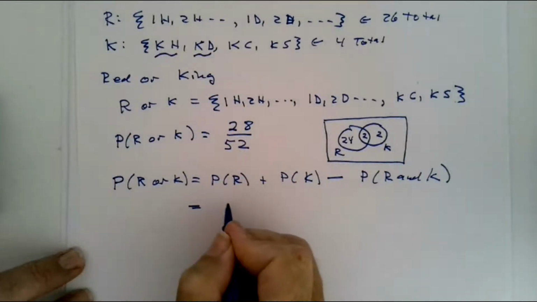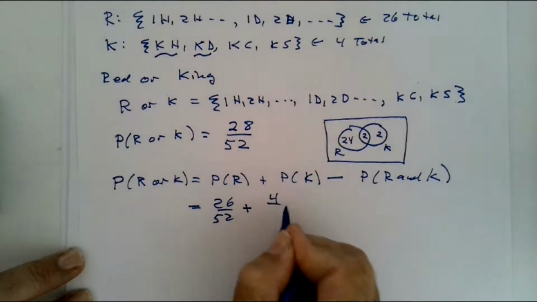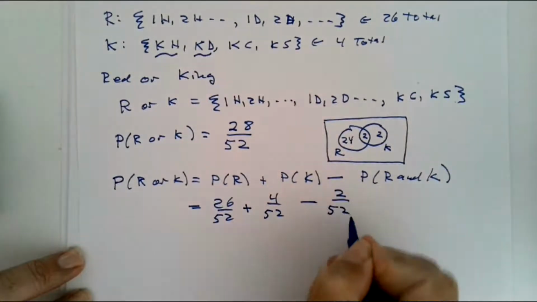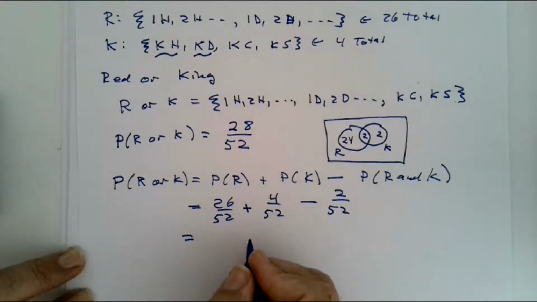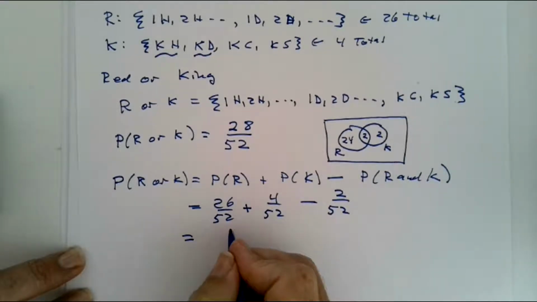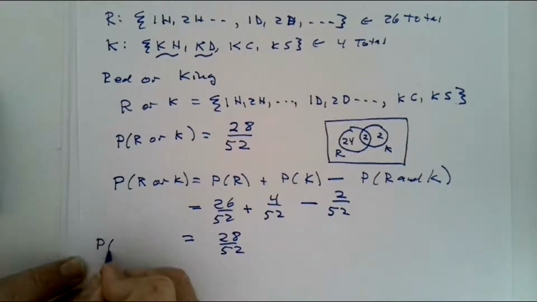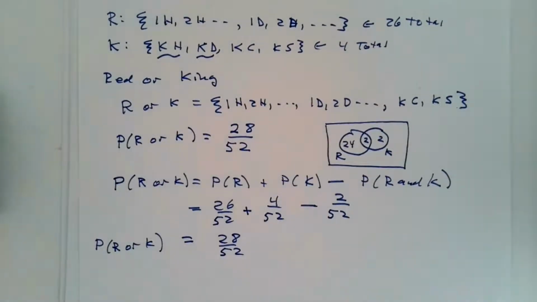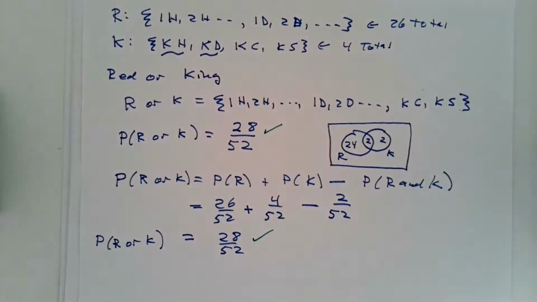So to use our rule here, we're going to say 26 out of 52 red cards plus 4 out of 52 king cards minus the overlap, minus 2 out of 52. 26 plus 4 is 30 minus 2, 28 out of 52 is our probability of choosing either a red or a king card, which you'll notice agrees with what we said when we just listed our total number of possibilities.